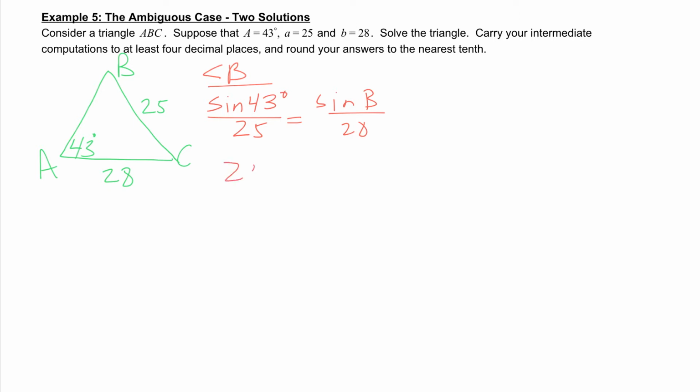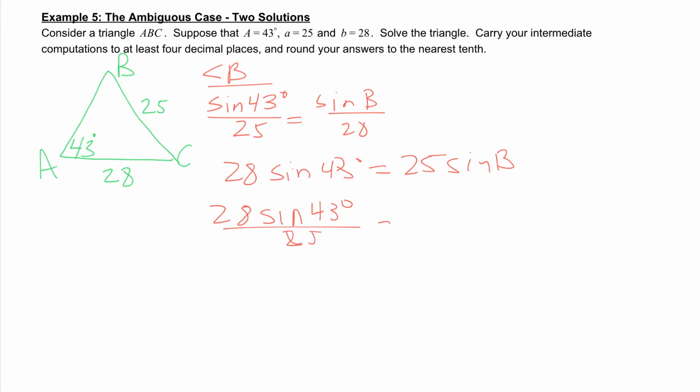So we have 28 times the sine of 43 degrees equal to 25 times the sine of B. And then we have to divide both sides by 25. So we have 28 times the sine of 43 degrees over 25 equal to the sine of B.